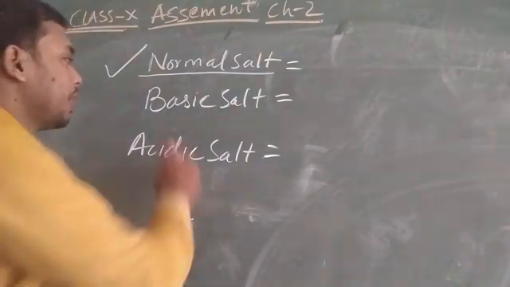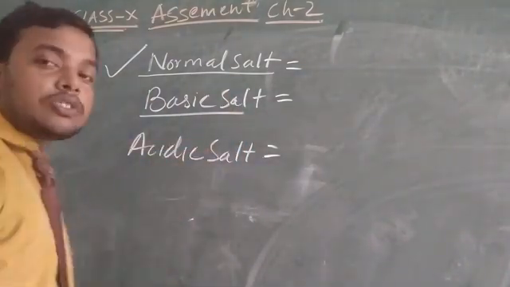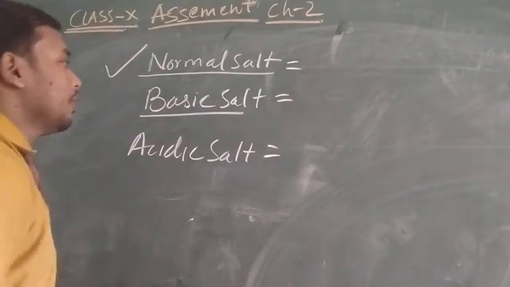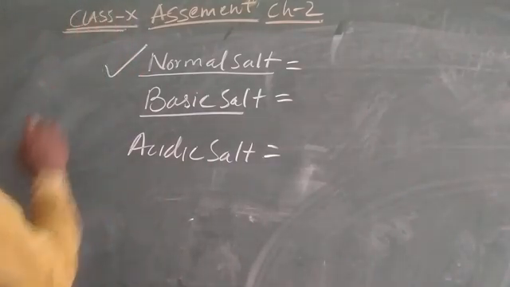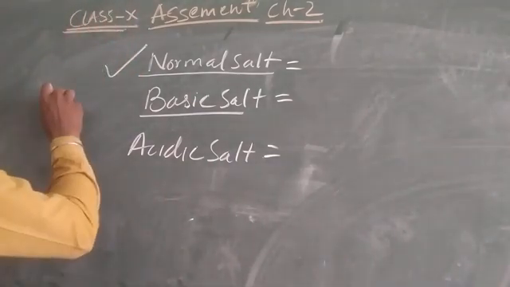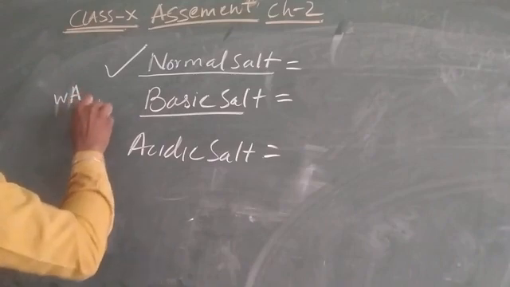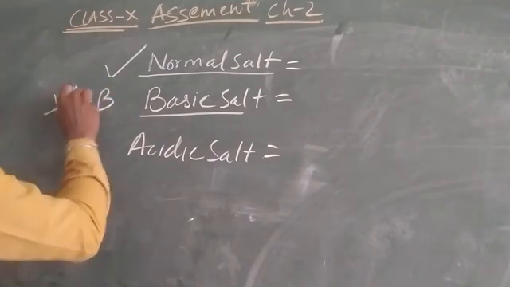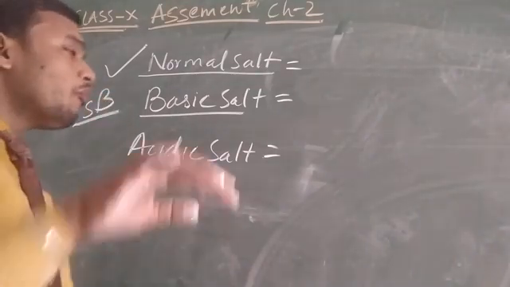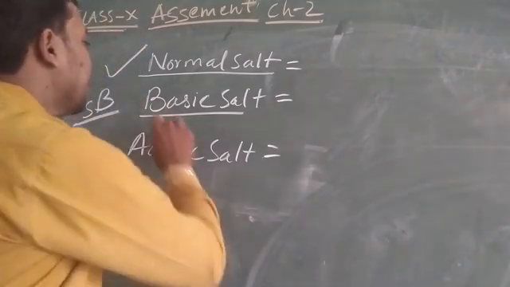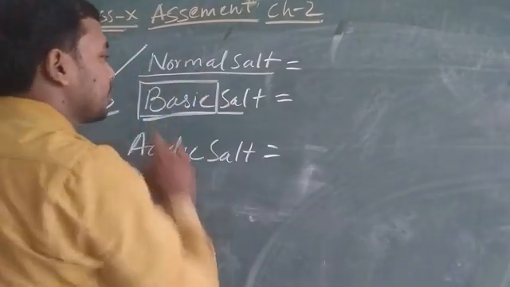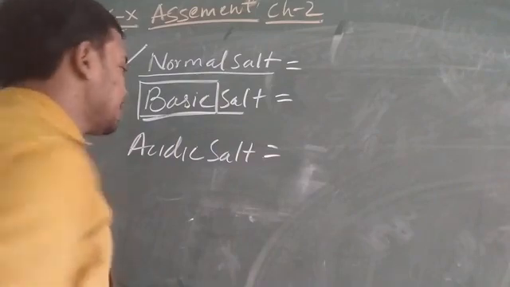A basic salt is formed by the chemical combination of a weak acid and a strong base. So the salt will be basic in nature.